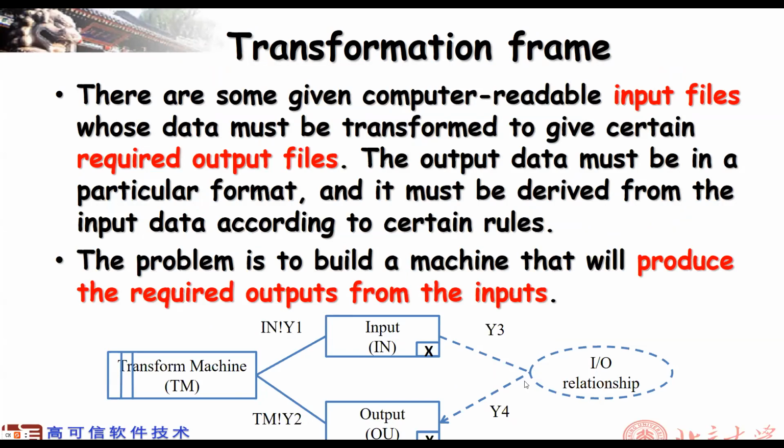So the transformation frame says there are some given computer readable input files whose data must be transformed to give certain required output files. The output data must be in a particular format, and it must be derived from the input data according to certain rules. So this machine is built to produce the required output from the input. If you get this x, y, y, you get the transformation frame.